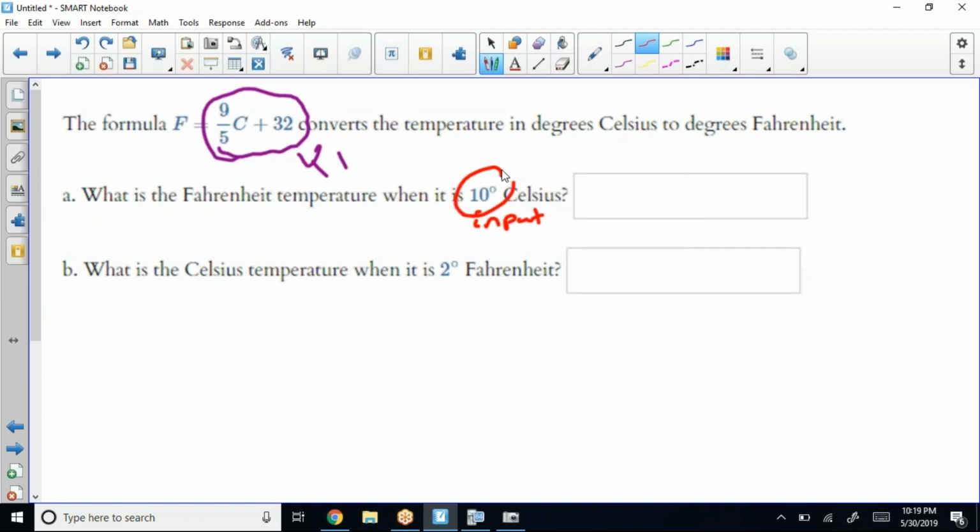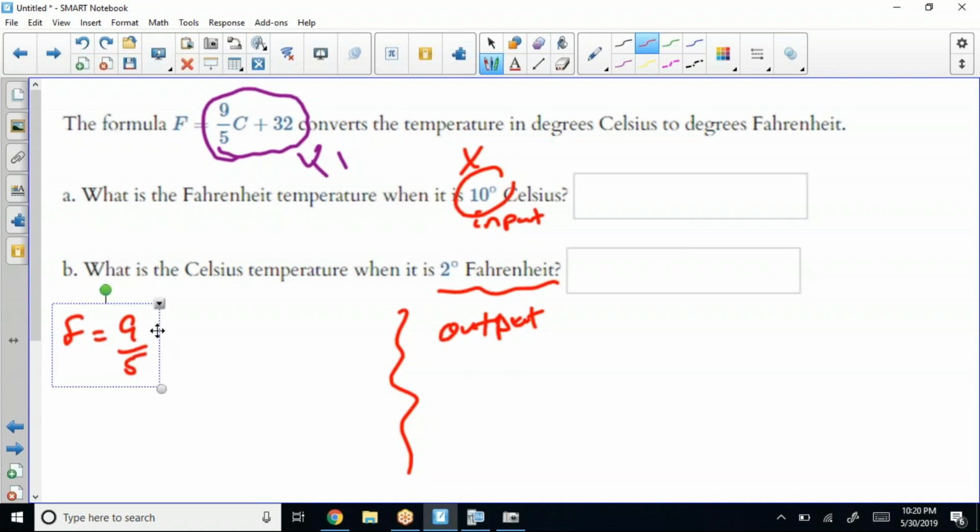So this 10 is an input. It's an X value. And then this Fahrenheit is an output. So algebraically, this is what they're doing. I'm going to show you algebraically. They're saying, okay, F equals 9/5 times 10 plus 32.